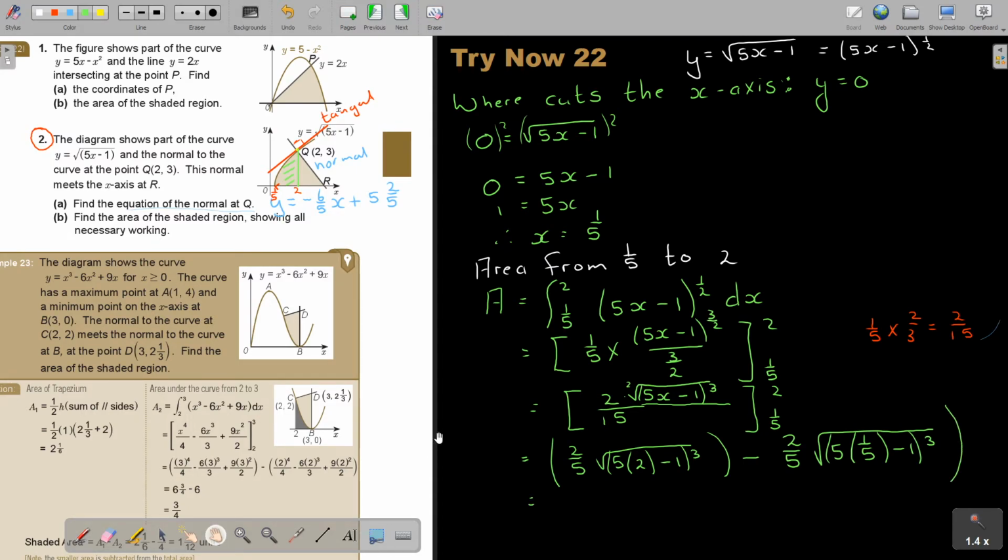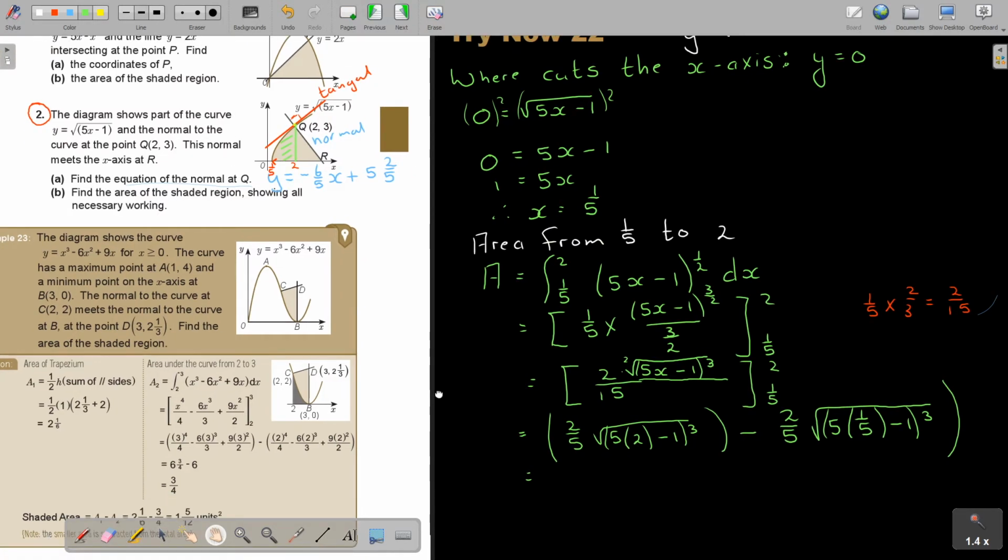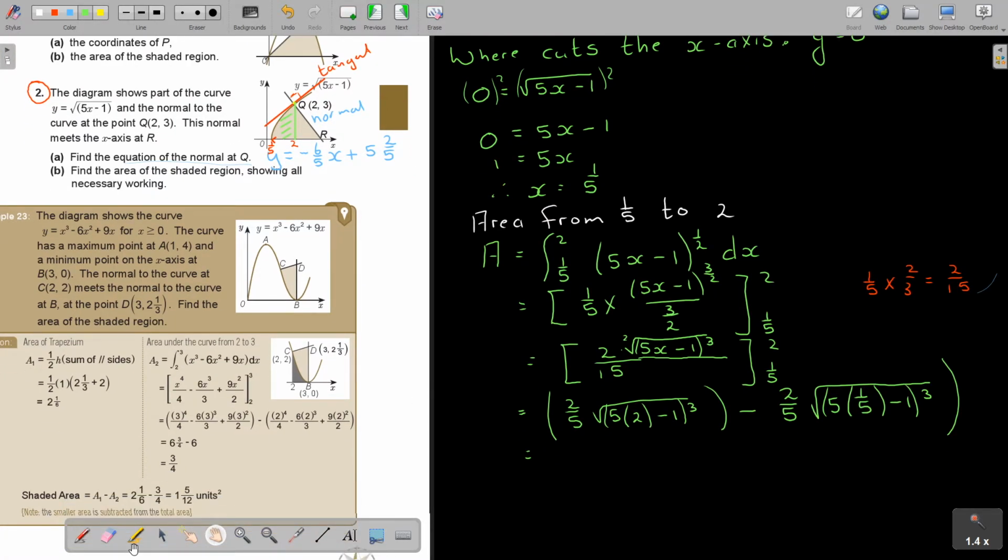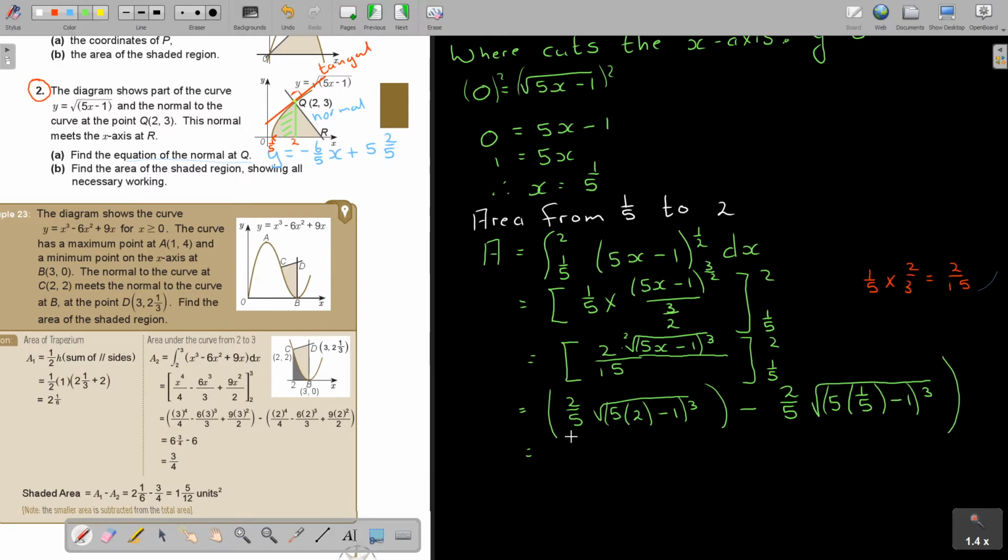Okay, so basically that is going to give me 2 over 15. Can I just work with this? So it's going to be 10 minus 1, it's 9. So it's 9 to the power of 3, and then it's the square root, and that's 27.